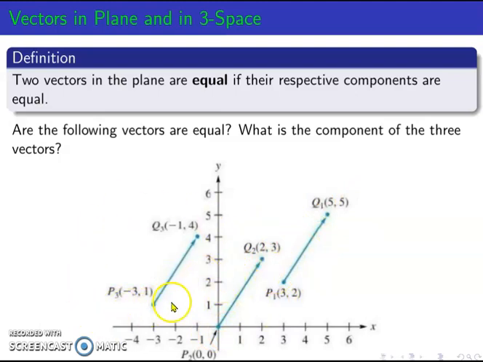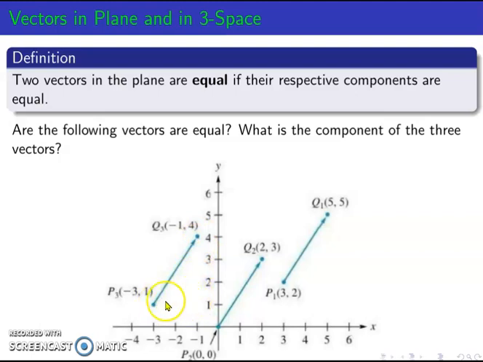And for this one, from -2 to -1... from here to here there are 2 units. And this one is 1, 2, 3, so 3 is its length here.